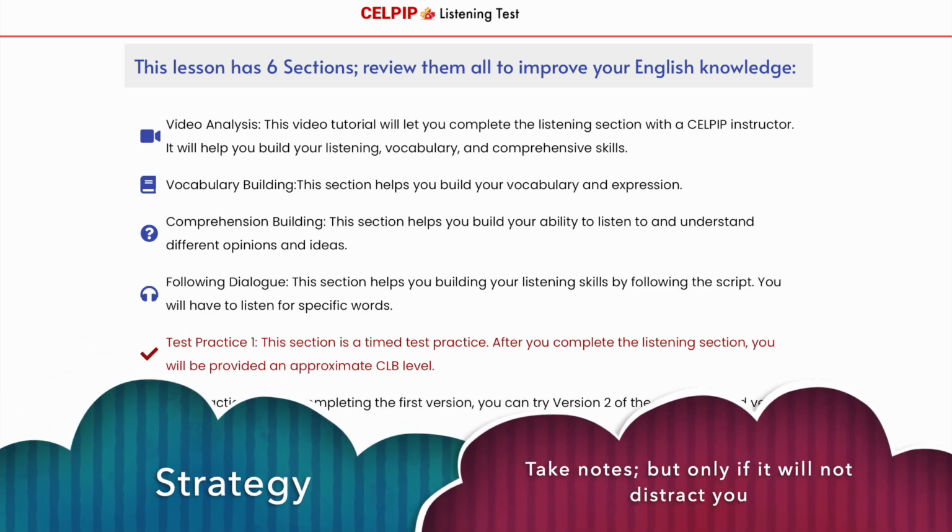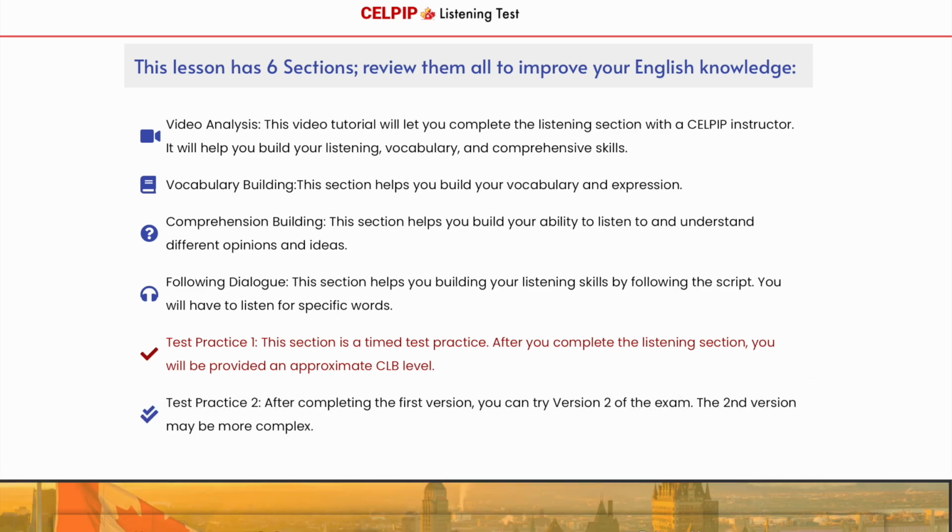But if we take notes, let's make sure that we take notes, but we still concentrate on the listening. Because sometimes students take notes and they focus too much on notes and what they're writing, not on the listening. But it's very important to focus on the listening.